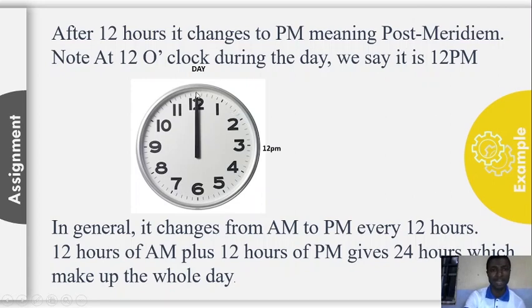So by the time the second arm moves round and comes back to 12, the minute arm must have moved from this point to this point.